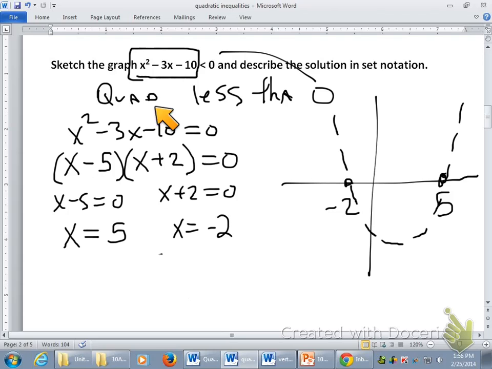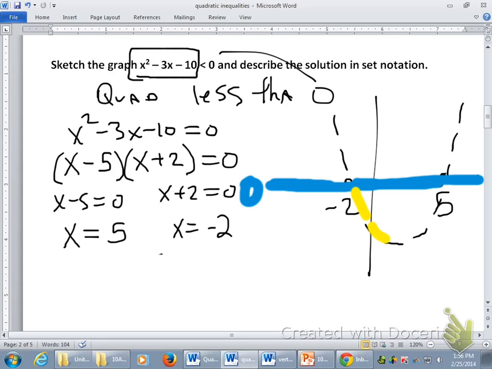Remember what my original question is asking me. When is this quadratic, which is this dotted line, less than 0? Right here is 0. When is my quadratic less than that? Here.